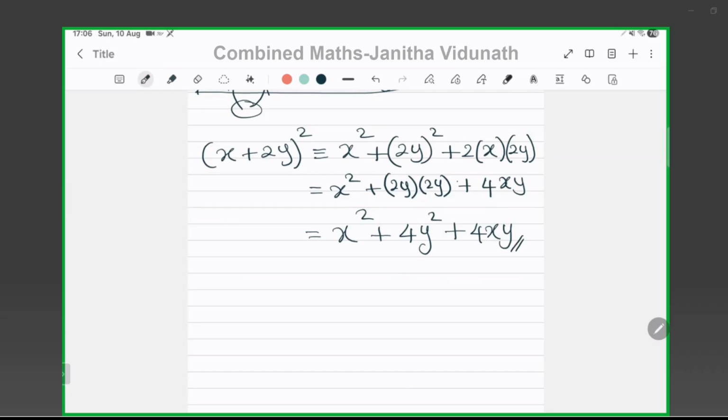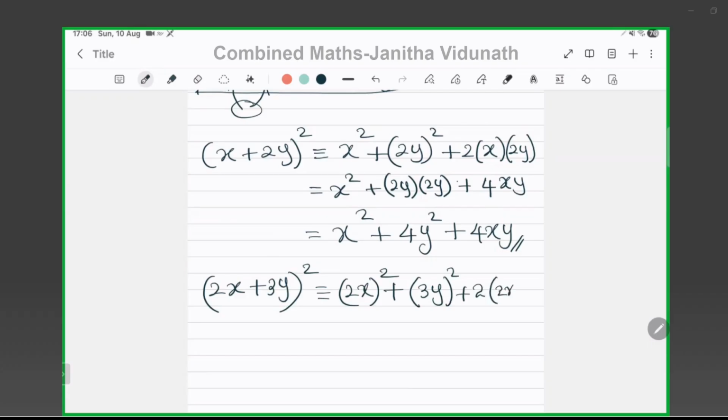Let me give another example. If we have (2x + 3y) whole square, then we can write this as the square of the first term, 2x whole square, and the square of the second term, and 2 times first term and second term. Then here we get 4x square.